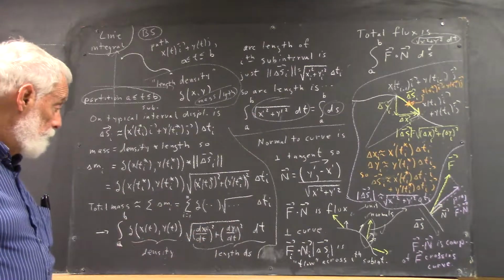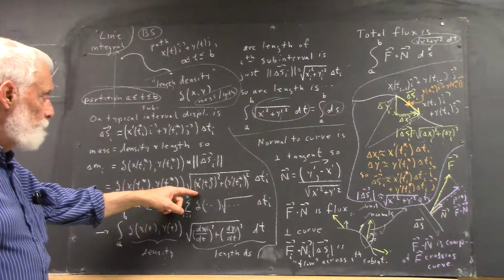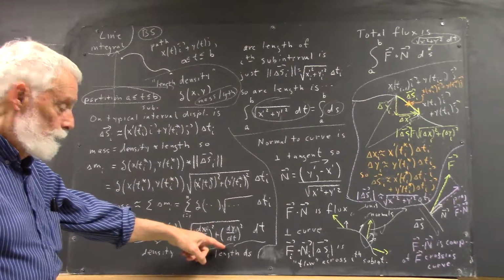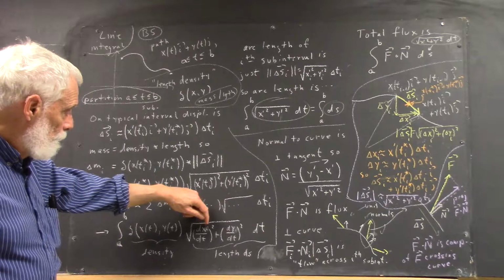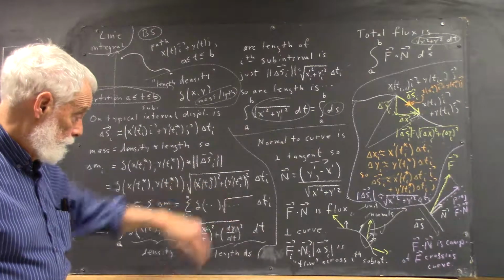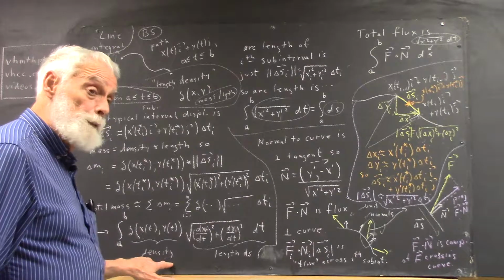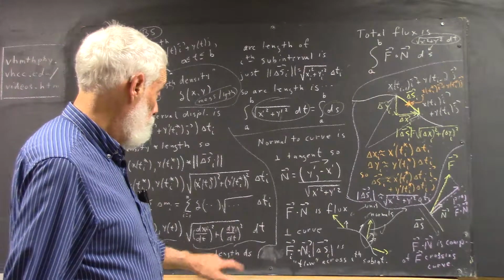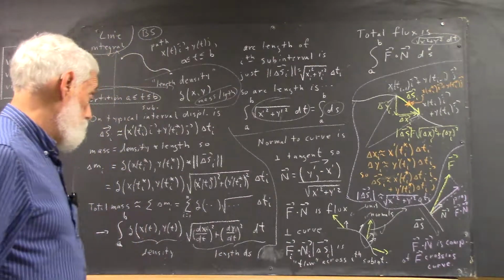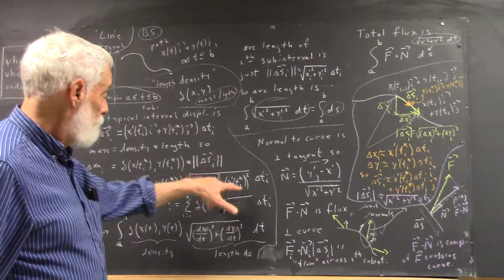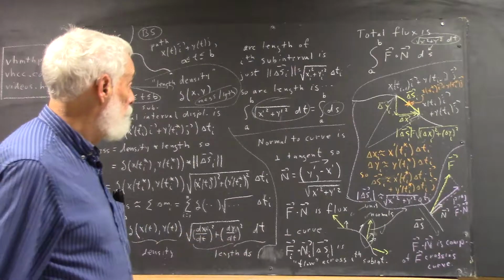The only thing I've done here is instead of writing x prime, I wrote dx dt. Instead of y prime, I wrote dy dt. And it's implicit that these are evaluated at t. Okay, so now we have this representing our density, this representing our length. And we call the length ds, because of course it was a delta s sub i up here. So we call it ds.